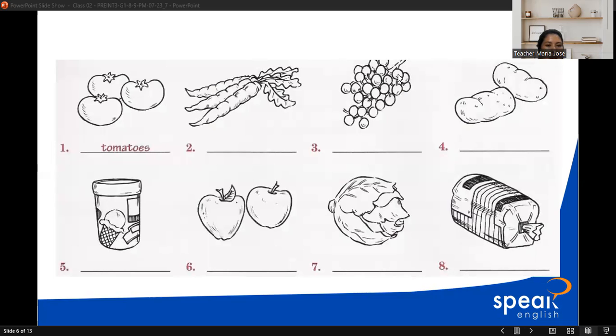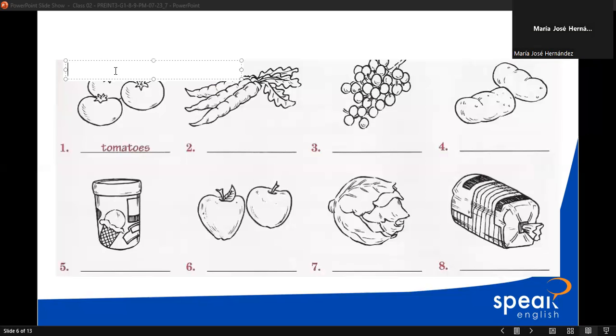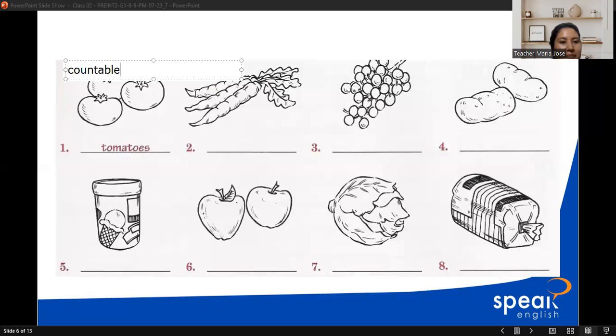In this case, we have different vocabulary. Okay. So for example, number 1, I have tomatoes. Is this countable or uncountable, Joran? Countable. Okay, thank you, Maria Jose. This is countable, okay? All right.